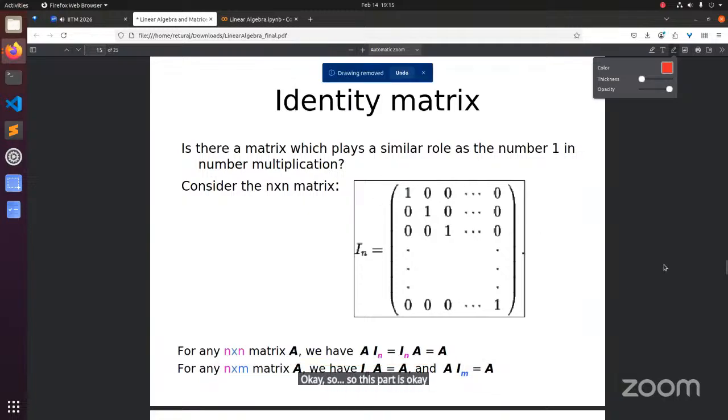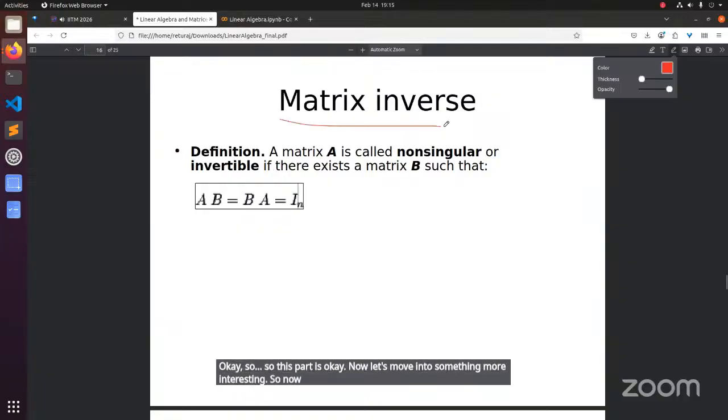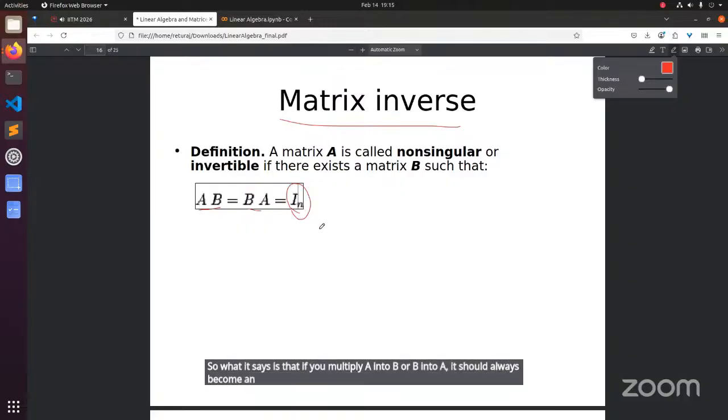Now let's move into something more interesting. So now we have the matrix inverse. Someone talked about adjacency matrix, right? I don't think we will do the adjacency thing, but we will definitely talk about what matrix inverse is. What it says is that if you multiply A into B or B into A, it should always become an identity matrix.